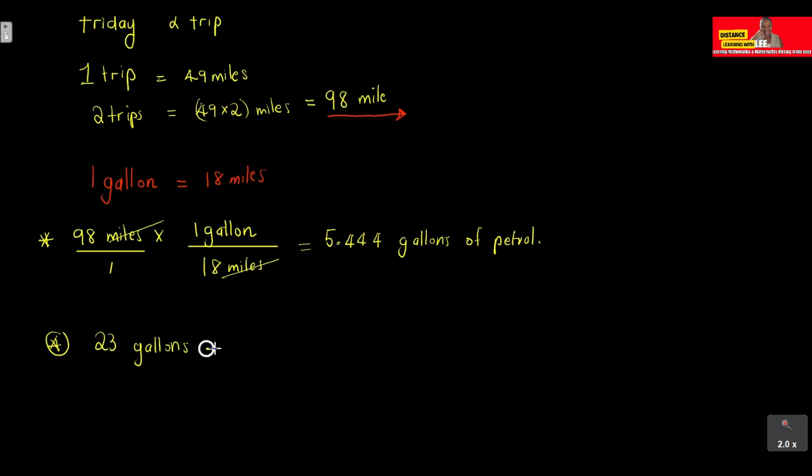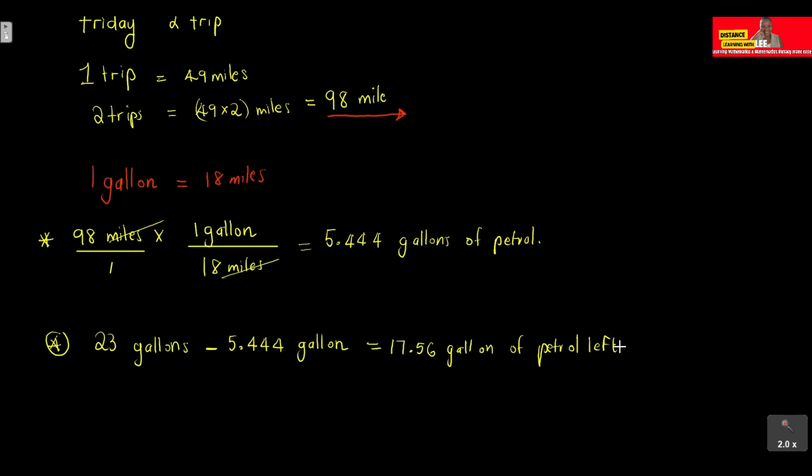Then we need to minus the 5.4444 gallons that he used, to tell us that he therefore has 17.56 gallons of petrol left, right?